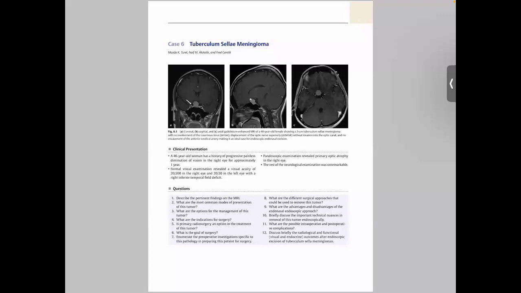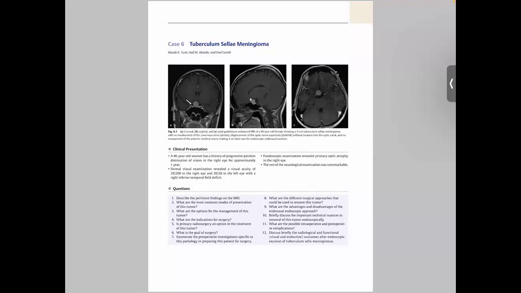Yes, so I think a common exam question is how to differentiate a tuberculum Sellae meningioma from an olfactory groove meningioma. That's a common exam question, and I think part of the answer to that question was actually provided in that first paragraph.